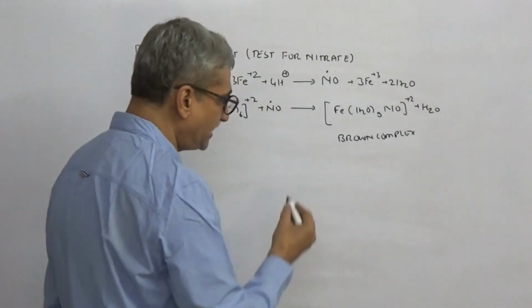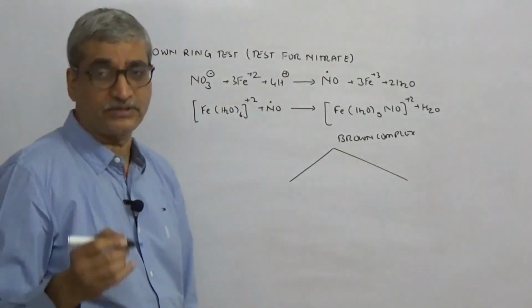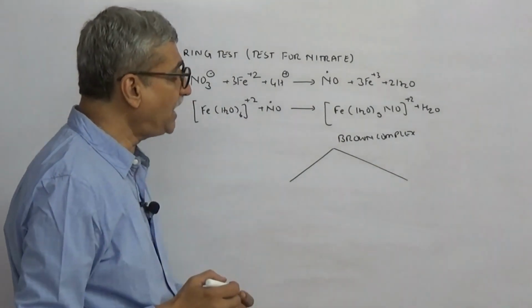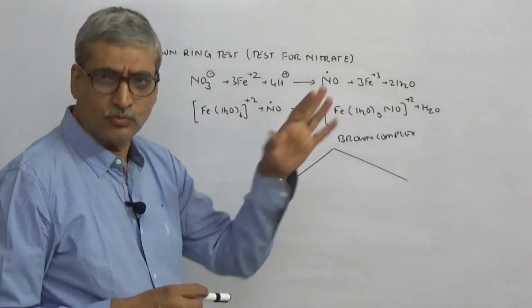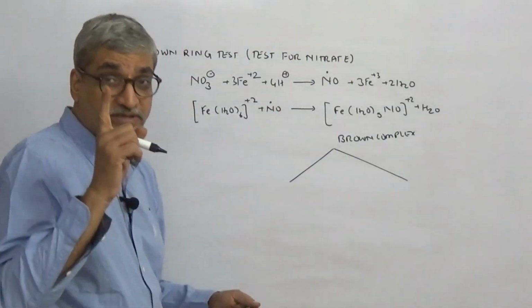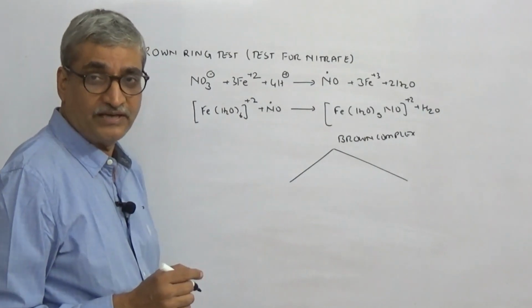Now here you have to understand the kind of question asked. [Fe(H2O)5NO]2+ is penta-aquo-nitrosyl iron(II). Now the question that they ask in entrance exams is, what will be the charge on Fe?